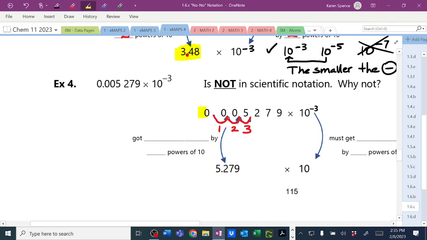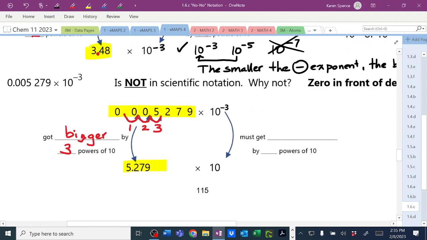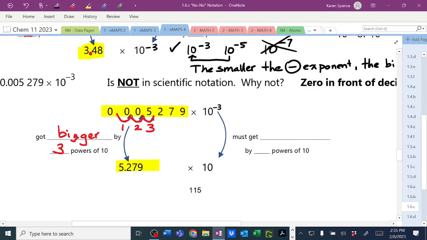Did our coefficient get smaller or did it get bigger when we moved that decimal? It got bigger. And it got bigger by how many powers of 10? 3, because we moved our decimal place 3 places. That means that our exponent must get smaller.